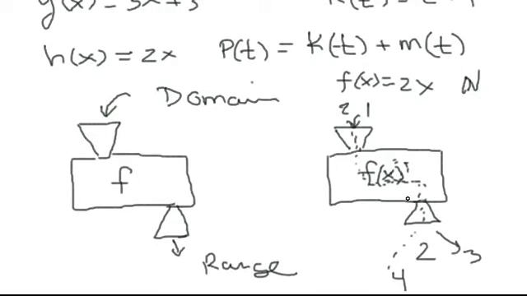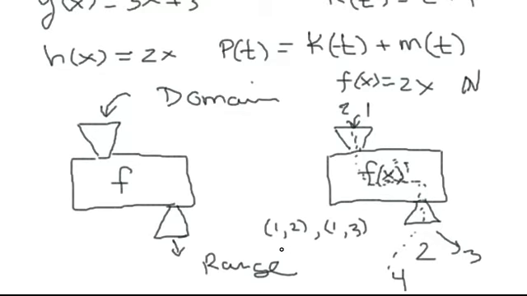In the previous section we talked about what not a function was. You can't have two ordered pairs with the same first coordinates, because that's not a function. So if I put a 1 in here, I can't have 2 and 3 come out. Only one thing at a time comes out.